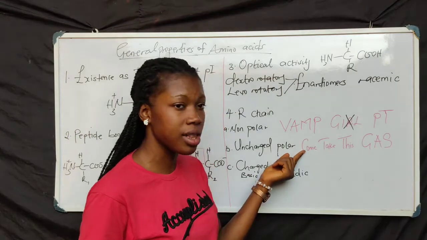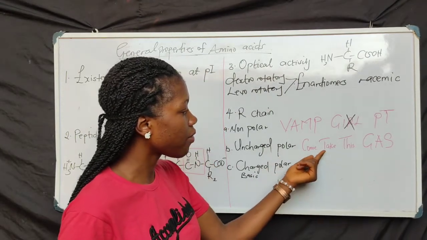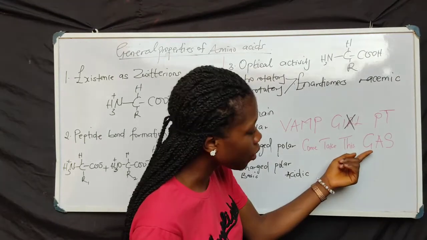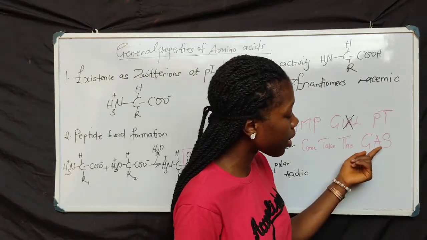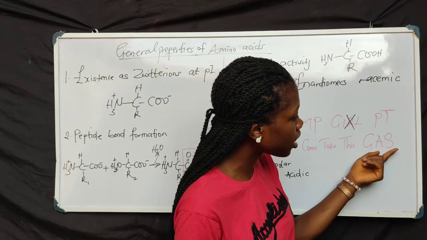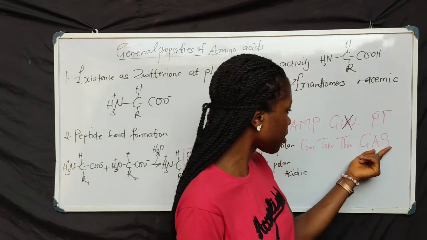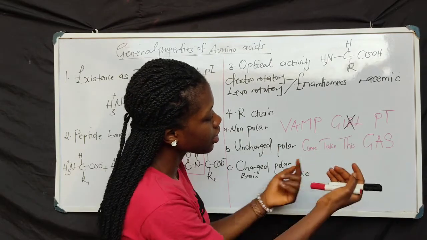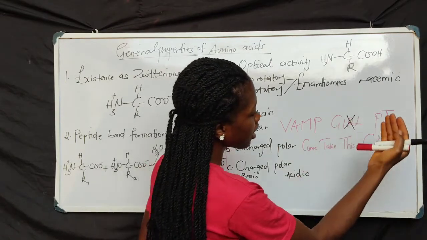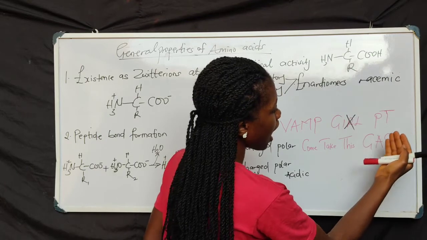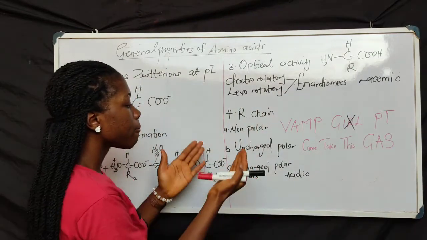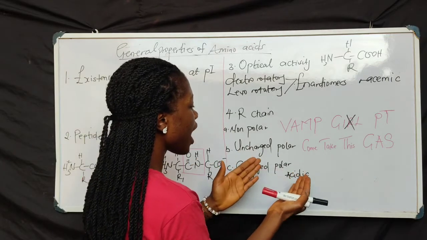C here is for cysteine. I have threonine, tyrosine, glutamine, asparagine, and serine. Again, we have cysteine, threonine, tyrosine, glutamine, asparagine, and serine.